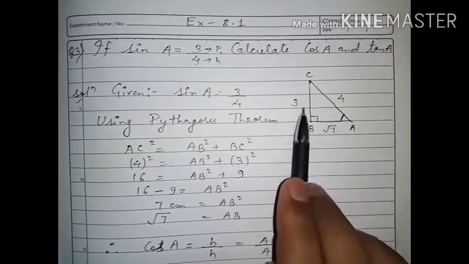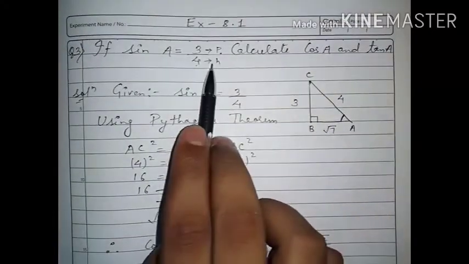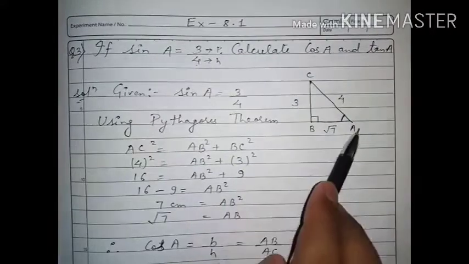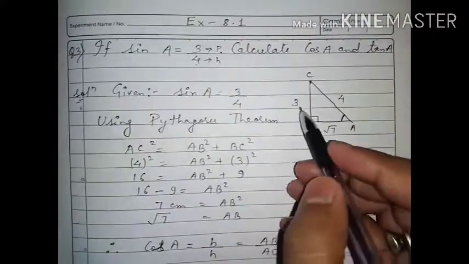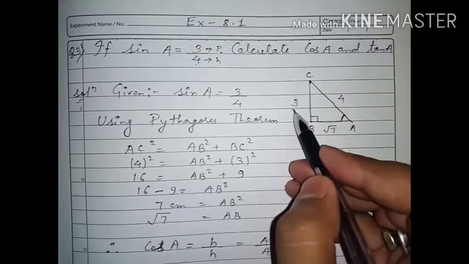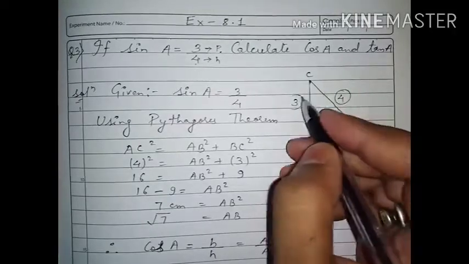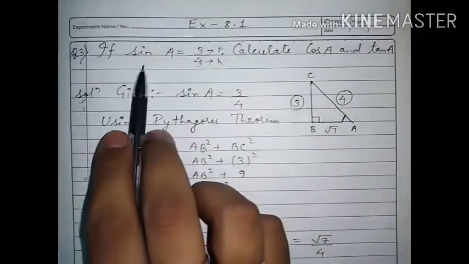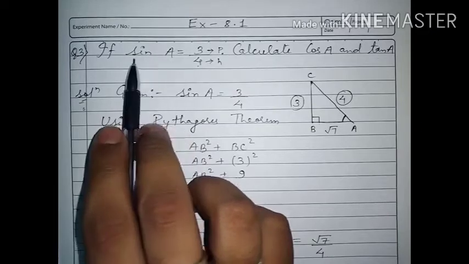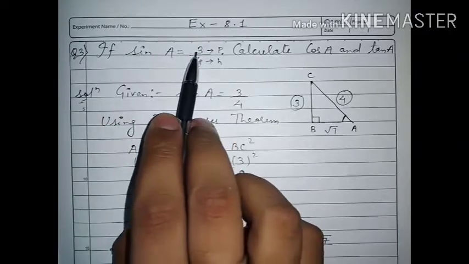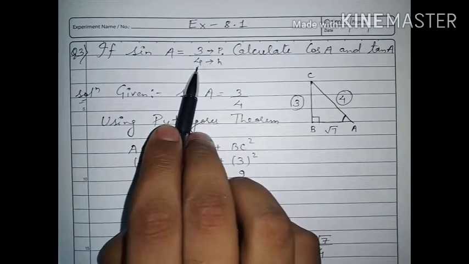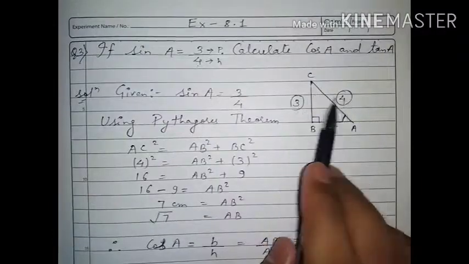So here it is 3 and hypotenuse is this longest side AC. So here I write 3 and 4, from this given equation sin A is equal to 3 by 4. This is perpendicular and hypotenuse, so I mark it here.